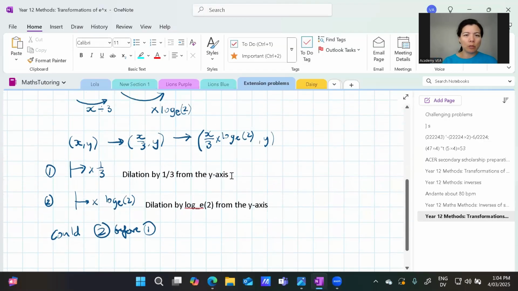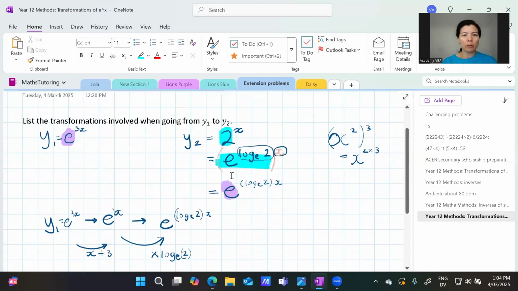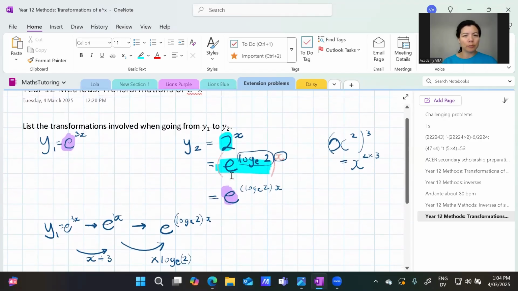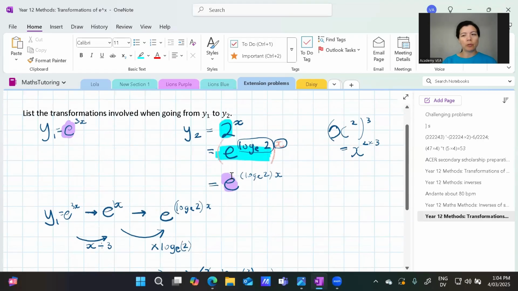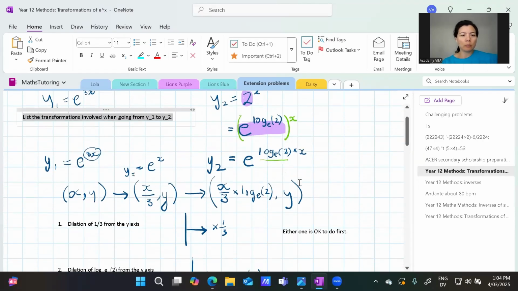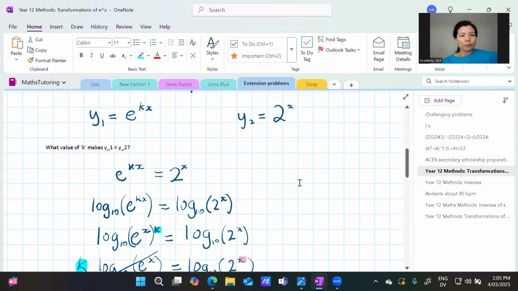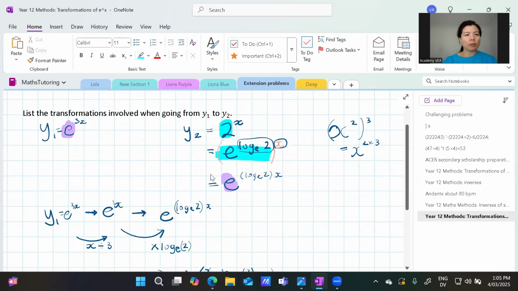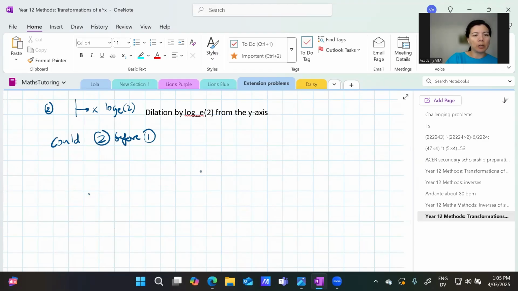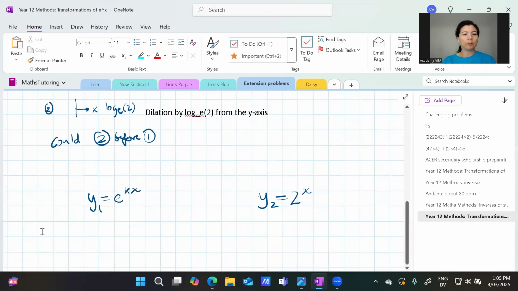If, however, you did not know about these log rules, we can go from first principles. So I'm just going to flip back at some old notes. And we can ask the basic question, what value of k makes y1 equal y2, which is 2 to the power of x?